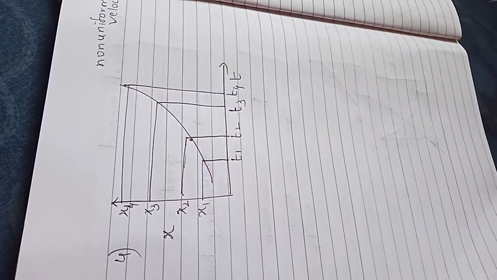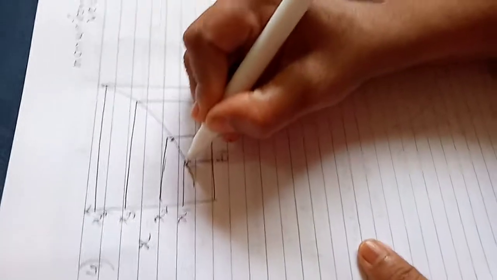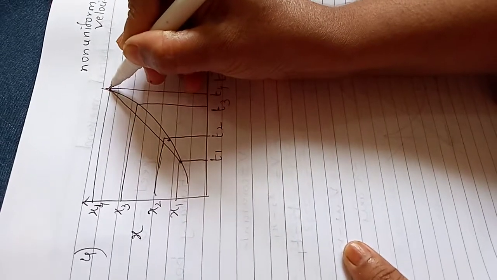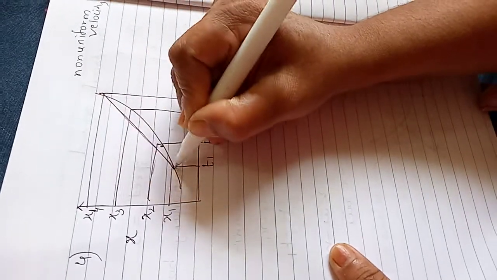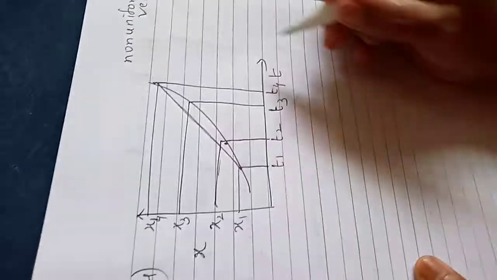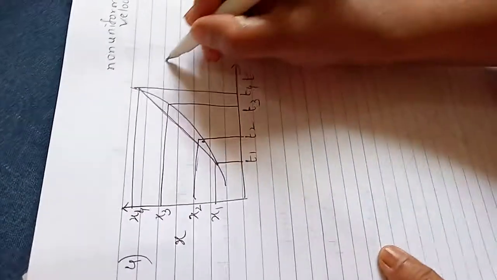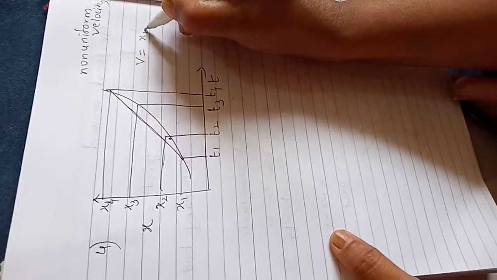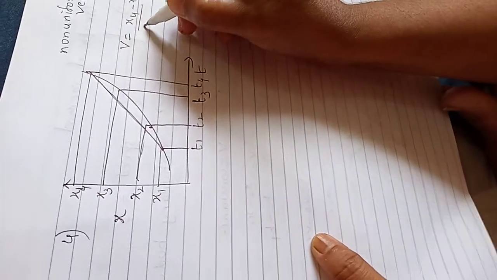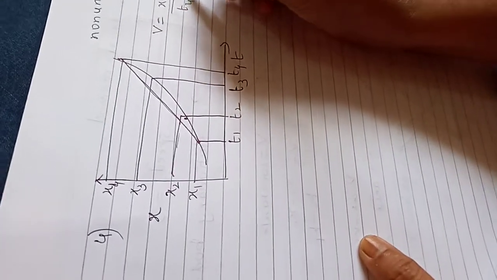Students, the slope of the curve from x1 to x4 gives the velocity from x1 to x4.